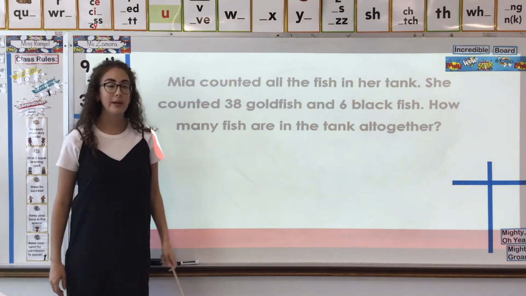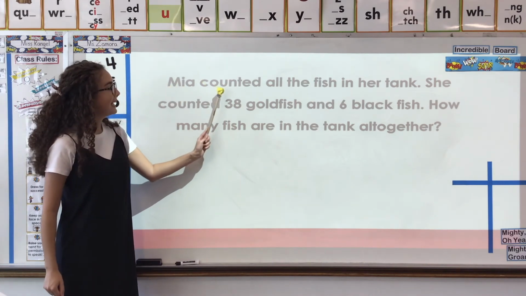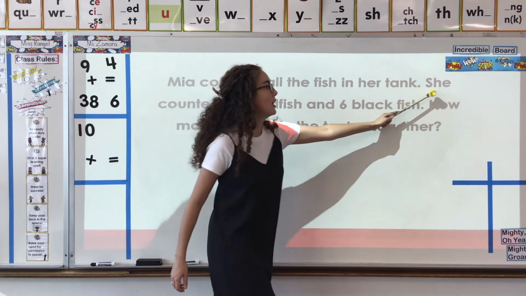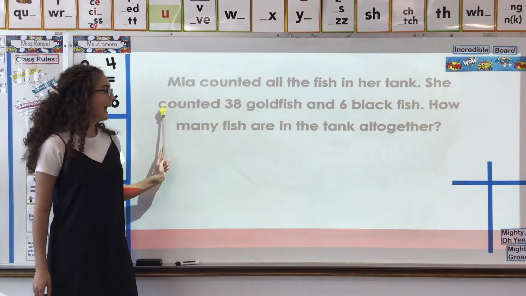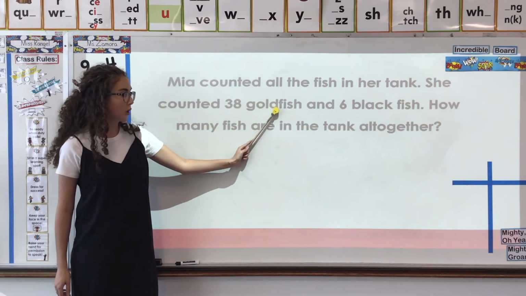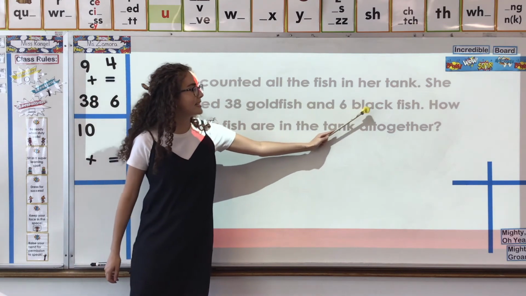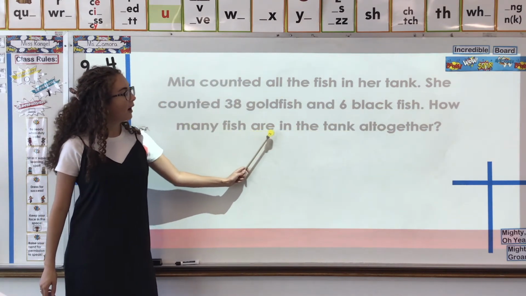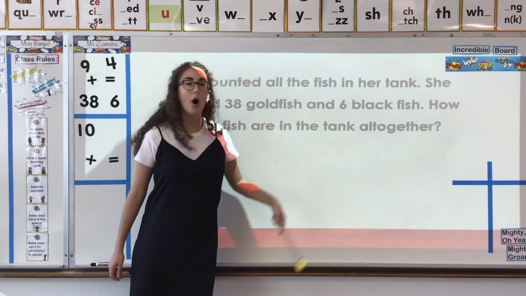Okay, here we go. Mia counted all the fish in her tank. She counted 38 goldfish and 6 blackfish. How many fish are in the tank all together?